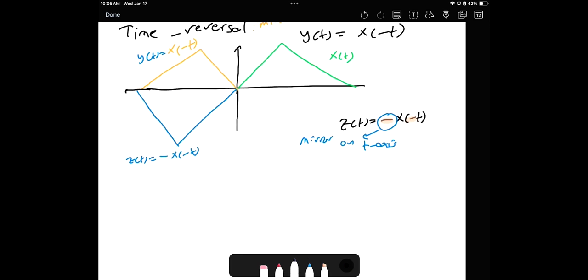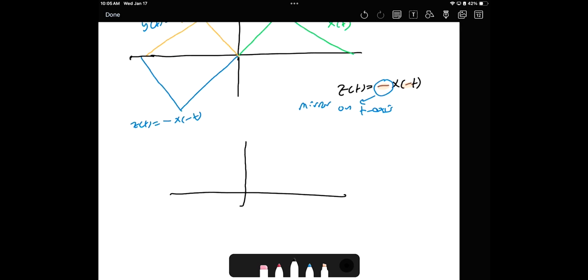Another example. So this is x of t. Now we need to make negative x of negative t, x of negative t.